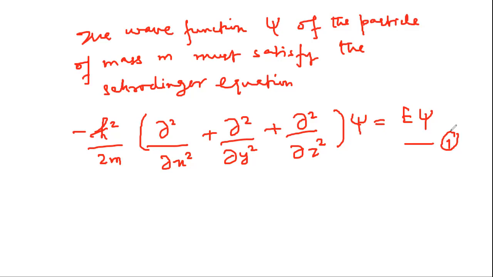Now the wave function having these properties has the form: the wave function which has the property that psi vanishes at the walls, guaranteeing the confinement restriction on the particle. That wave function has this form.